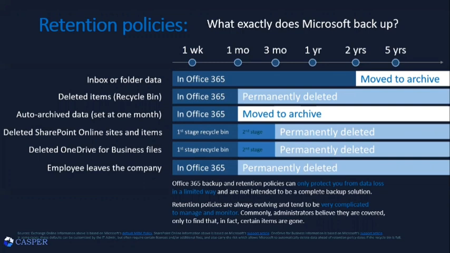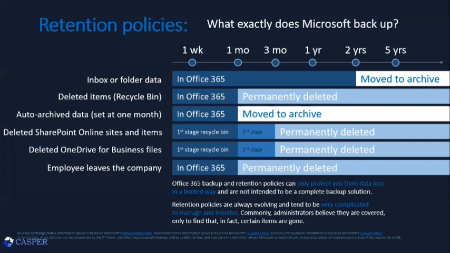Another policy affects deleted items. Deleted items stay within Office 365 for about a month before they are permanently deleted. For data that you may have also set to be automatically archived, it stays for about 1 month before it's moved to the archive.